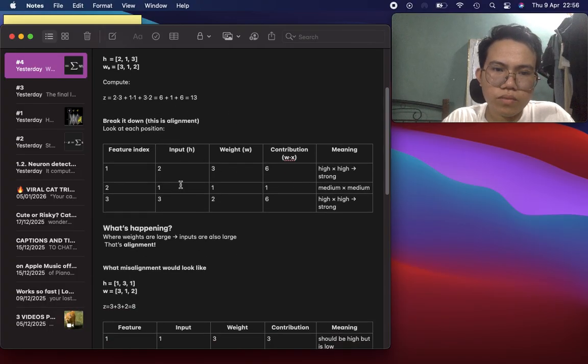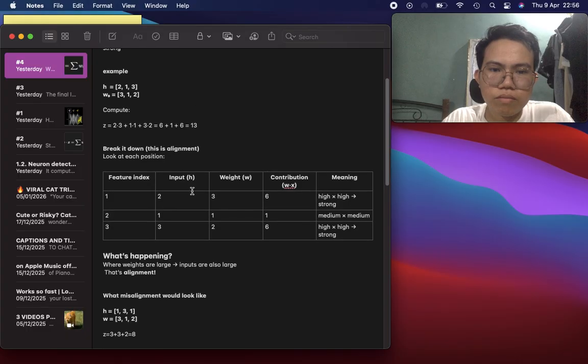So the input has a weight, a contribution, which means we multiply them together. We could find its matches, positive or negative. Negative times negative will be positive, and positive times positive becomes positive.